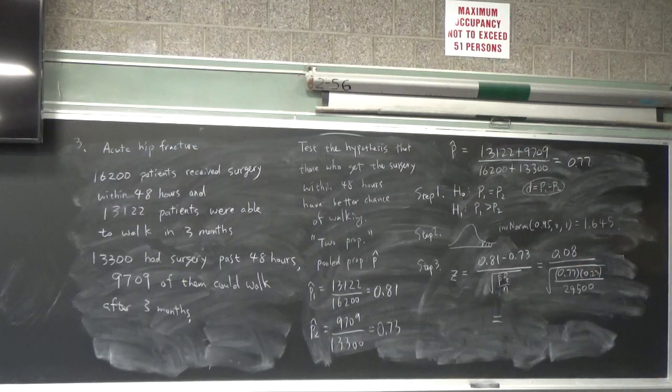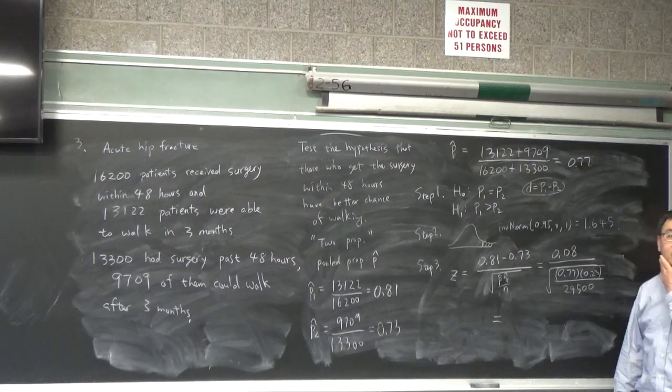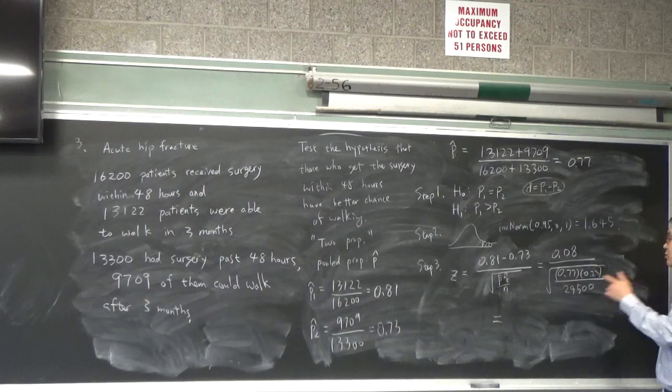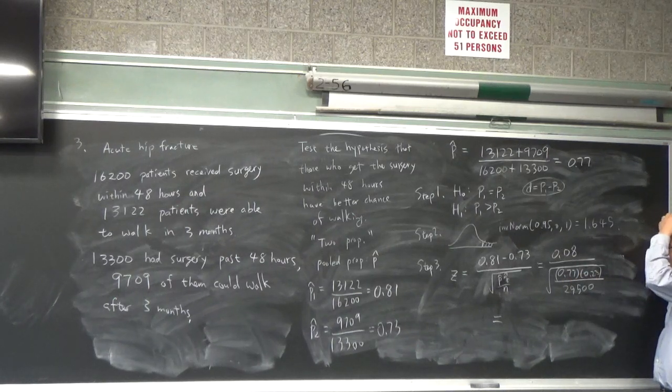So, what do you get? Can somebody tell me the answer? Square root of the entire thing. 32.65.